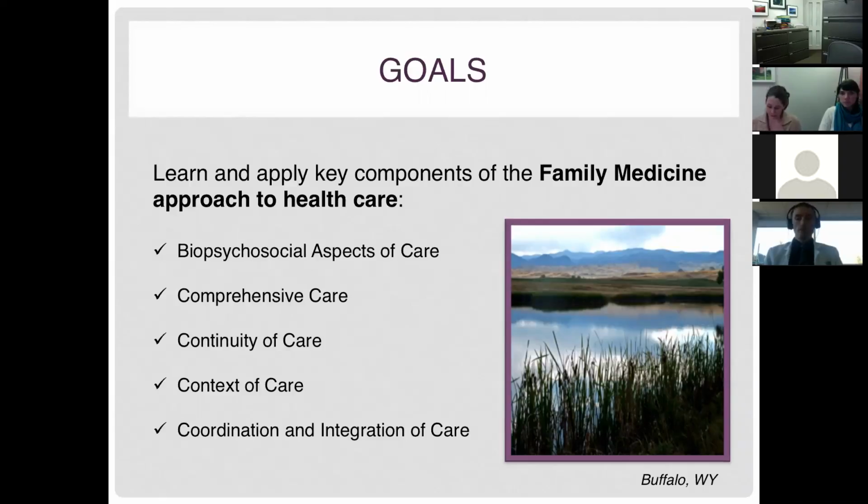There's continuity of care. And with respect to context of care, it's taking into consideration your communities, where you are, what you have to offer, and integrating and coordinating that care across all the health services available in your communities. Is there anything you can add?